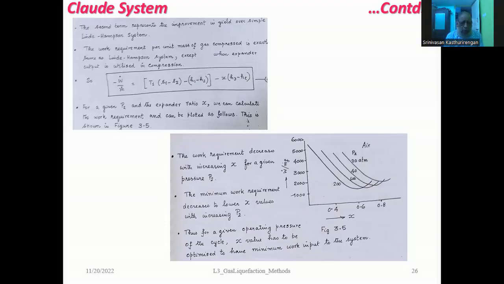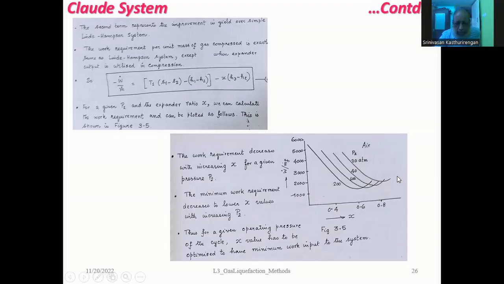So for a given P2 and the expansion ratio X, we can calculate the work requirement, and this can be plotted, and the plot is shown in the bottom diagram here. You can see for different P2 values and certain X values what the work requirement is, for example, for 20 atmosphere, 40 atmosphere, 100 atmosphere, and 200 atmosphere.